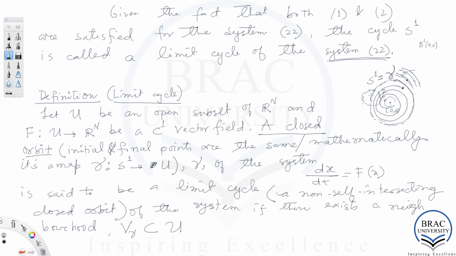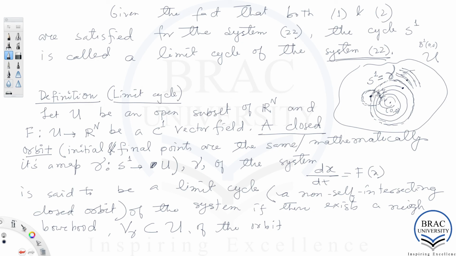If I choose a point here, then I can draw a neighborhood of this point on the orbit gamma that is contained inside this open set U of R to the n, such that... sorry, I think I made a mistake here.